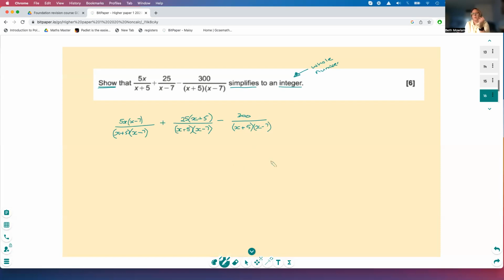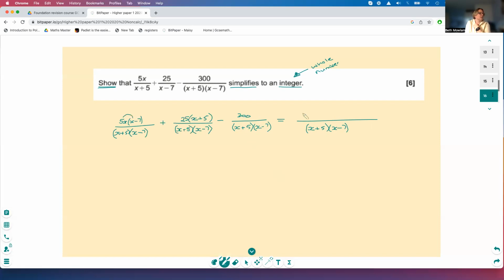So now I can combine those 3 fractions into 1, with a denominator of x plus 5, x minus 7. So I've got, should I expand the brackets as I go? Yeah, let's expand the brackets as I go.